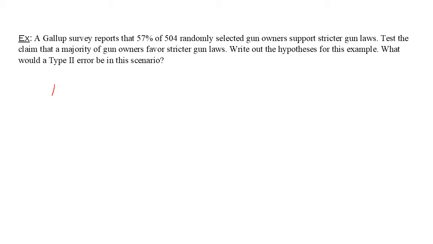So our hypotheses are using the claim that a majority of gun owners favor stricter gun laws, which means that the proportion of people who favor stricter gun laws is greater than 50%.